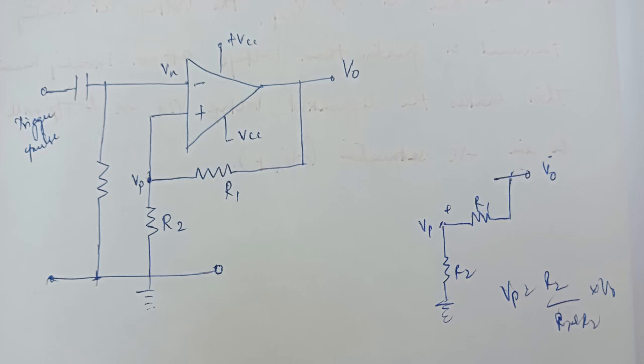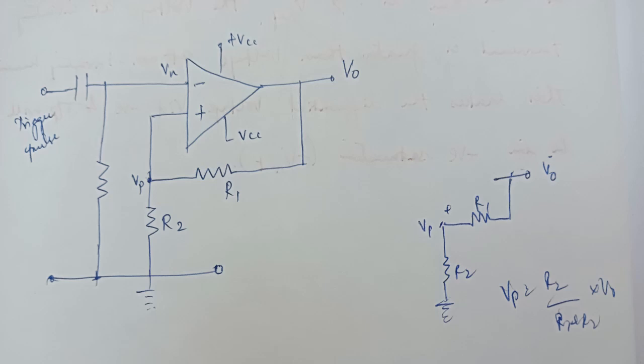R1 and R2 will produce the voltage divider biasing, and also we are having one more resistor in the inverting terminal, that is R. So both the resistors are connected to the ground, and in the inverting terminal we give the trigger pulse, and also we are having VCC supply.